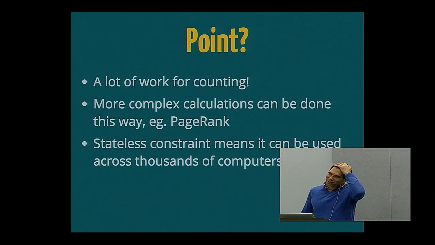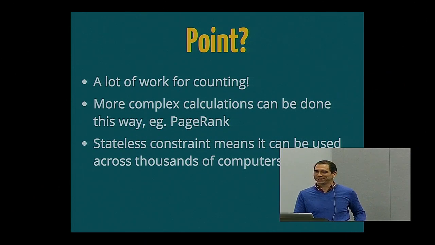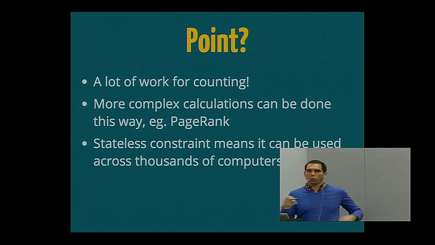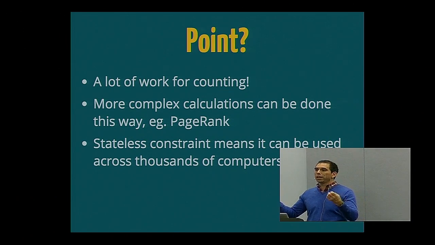So what's the point? You guys might be thinking, damn, that was a lot of work to do a simple counter, right? But that's kind of the trade-off that we're making here. We're working in this constricted environment so we can do this counting over lots of machines reliably, even in the case of failure.